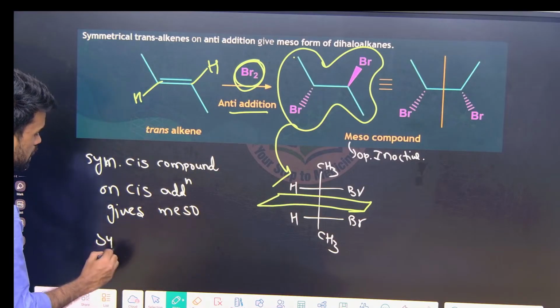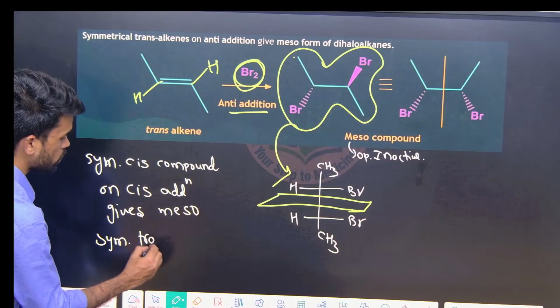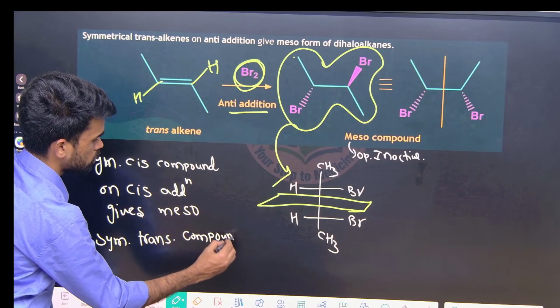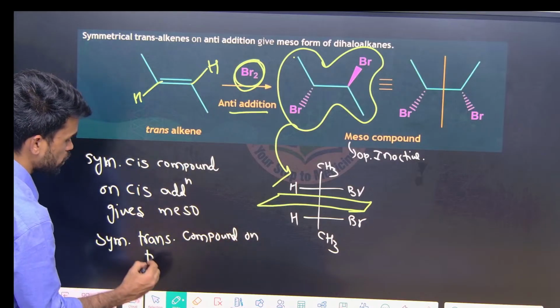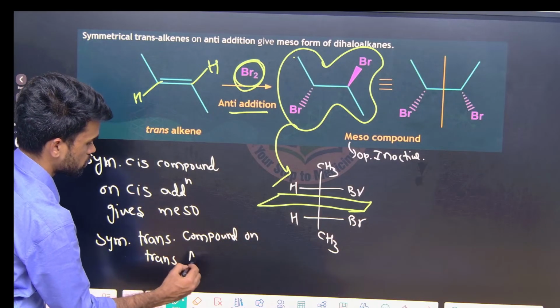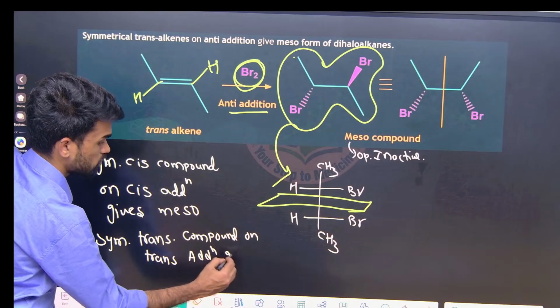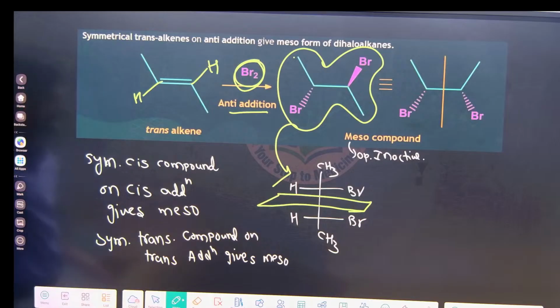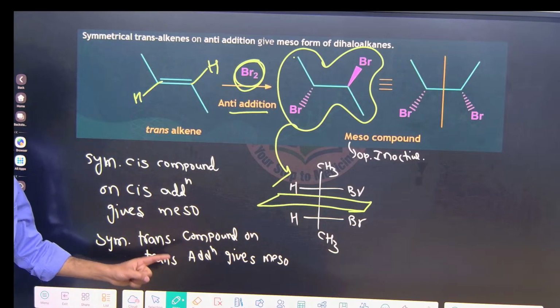Next, symmetrical trans compound on trans addition gives meso. So both of them, symmetrical cis compound with cis addition and symmetrical trans compound with trans addition, give meso.